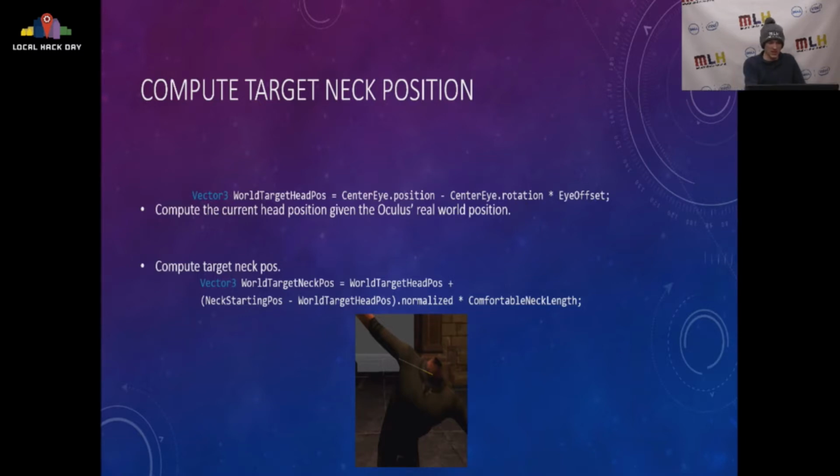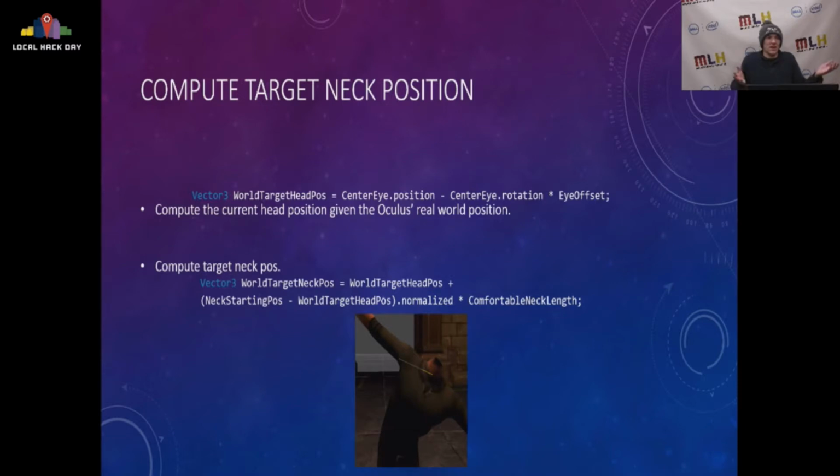You can kind of see it on this gray line in the image, where the end of the gray line is the starting position for the neck, and then the line turns yellow, and the ending position is where the estimated neck position is, or the head position. Sorry. So then we estimate where the neck should be by just following that line, the length of the comfortable neck length from where the head should be.